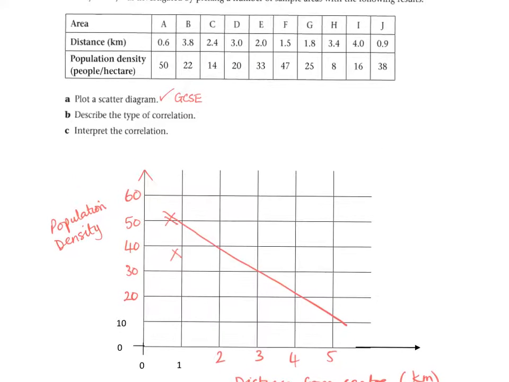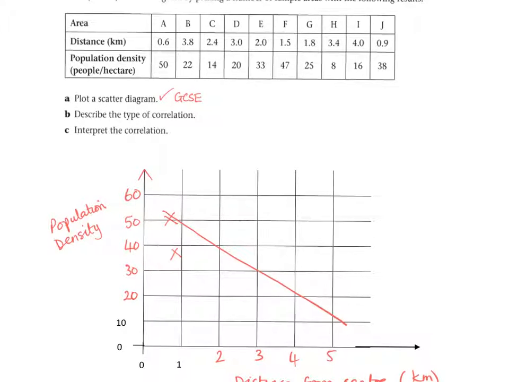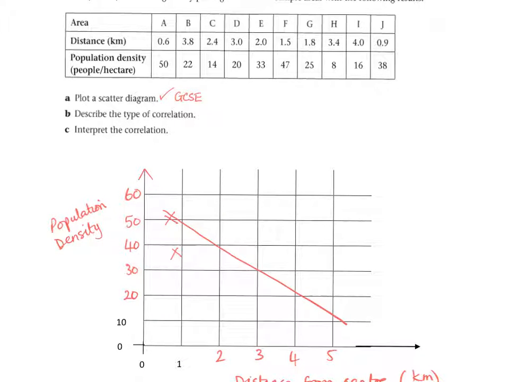So that's just plotting scatter diagrams. For the second part, it asks you to describe the type of correlation. So the description of it would be a negative correlation. And it says to interpret that, so you've got to take the mathematical negative correlation and turn that into a meaning in the real life situation.